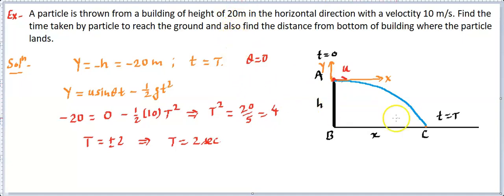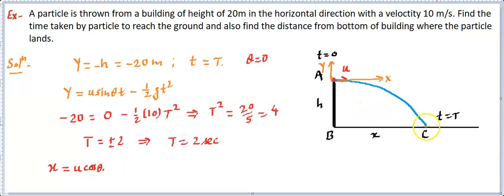And then it is asking to find the x, that's the horizontal range. So can we say this x is going to be used from the equation, out of 4 equations there was an equation for x, and that was u cos theta into t.